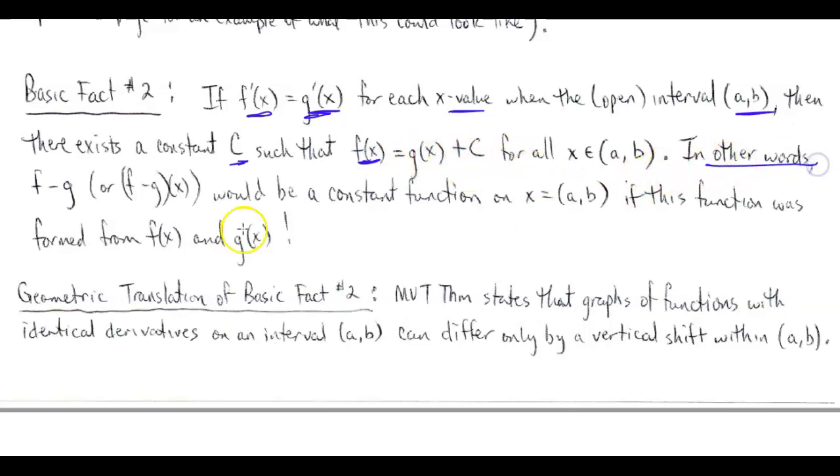In other words, we know that the difference in between f and g would just be some constant or a constant function, okay? An example of that, let's say if I have the function f of x is equal to 2x squared minus 1, and g of x is 2x squared plus 2, okay?